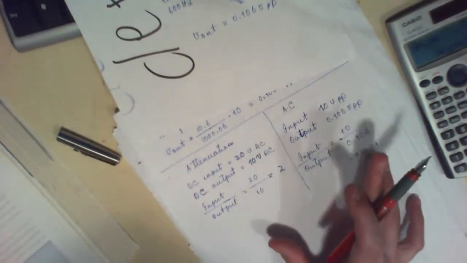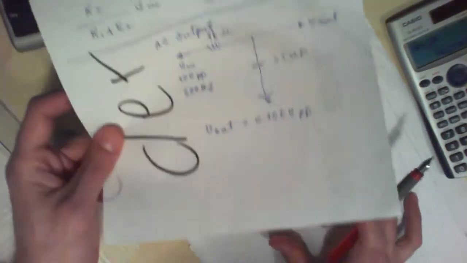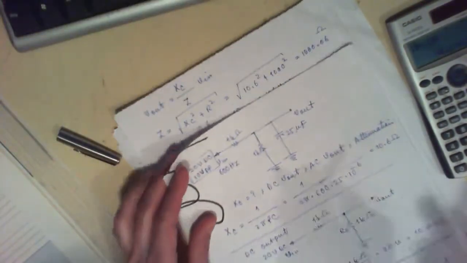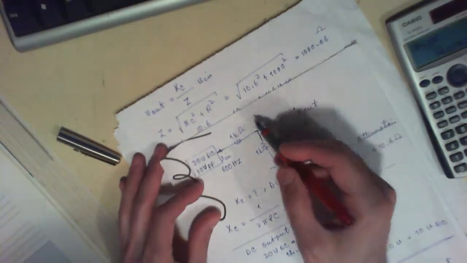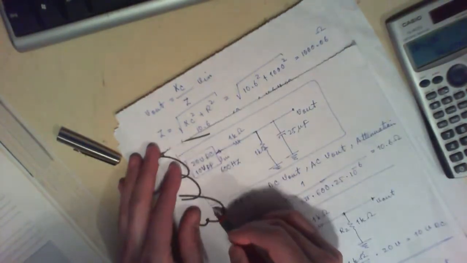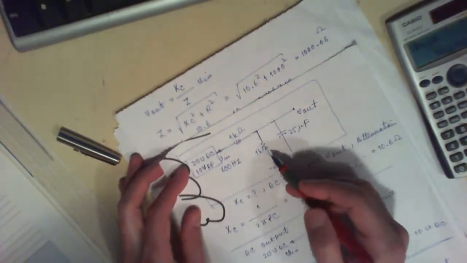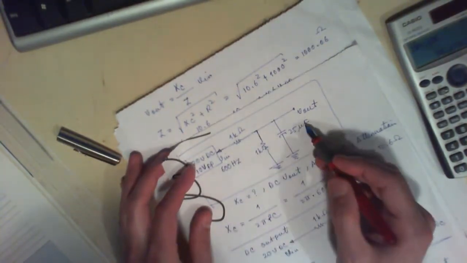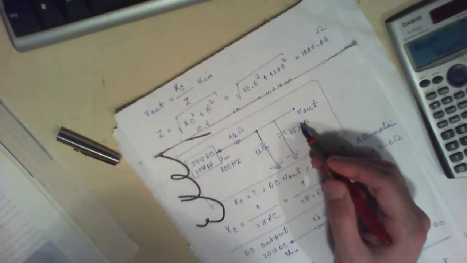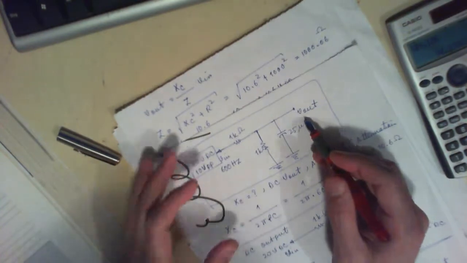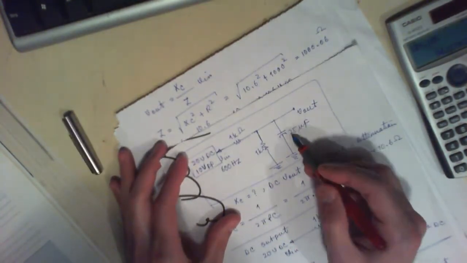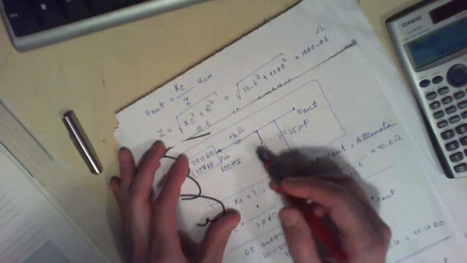Okay, now we can make some changes to the same circuit. For this example we had this circuit over here, and what I want to do now is change this capacitor to a capacitor 10 times the value, meaning 250 microfarad instead of 25 microfarad.